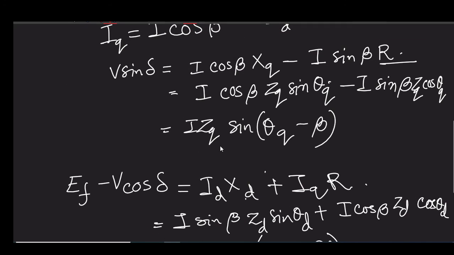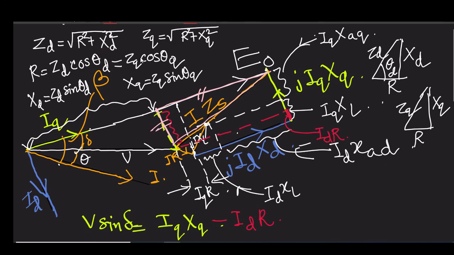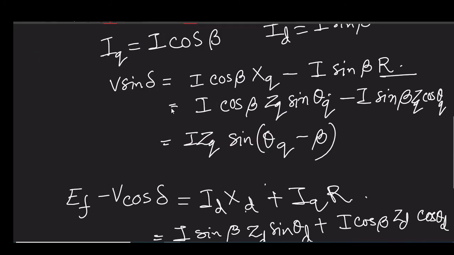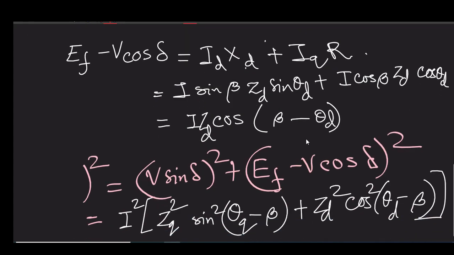You can see here that these are fixed quantities, they cannot vary. Xd, xq, at least whatever we have discussed, are fixed quantities. Now can theta q and theta d vary?